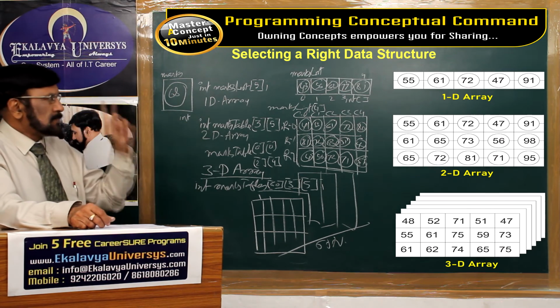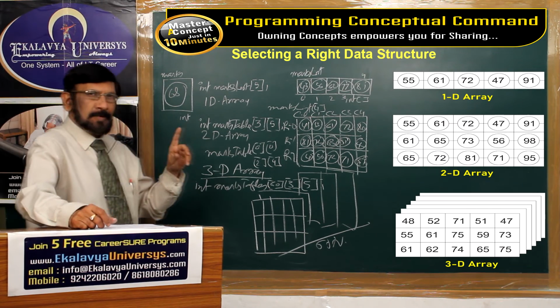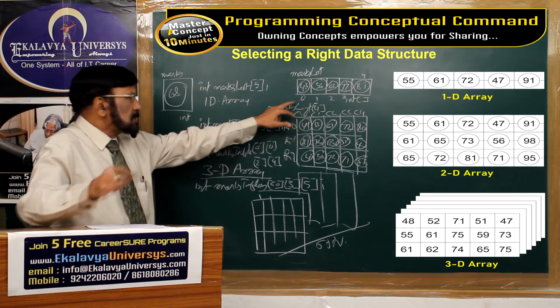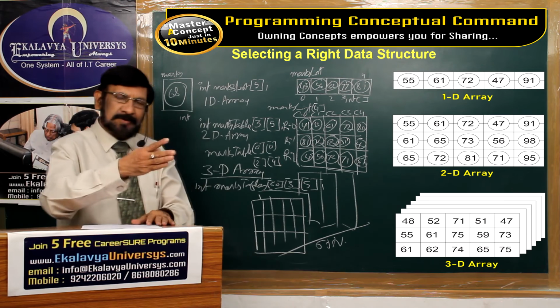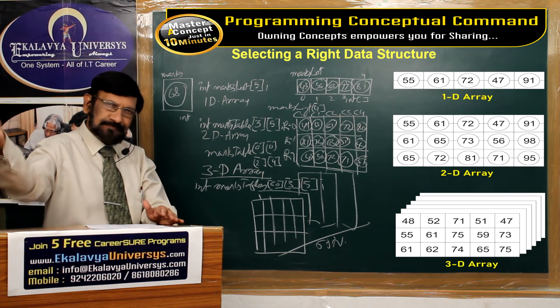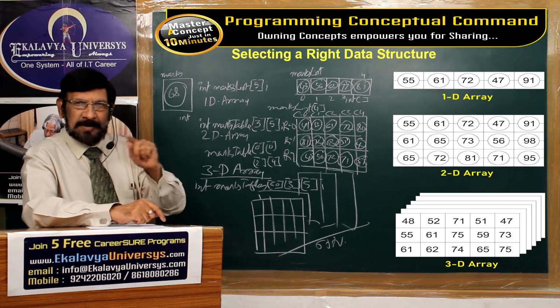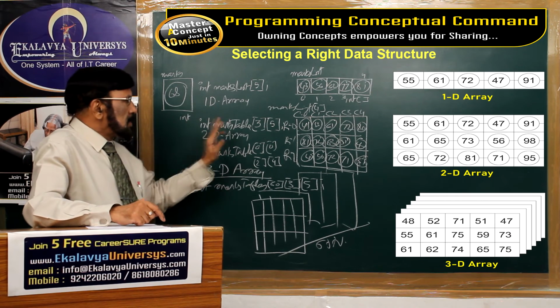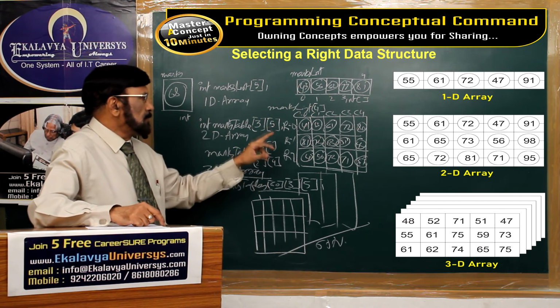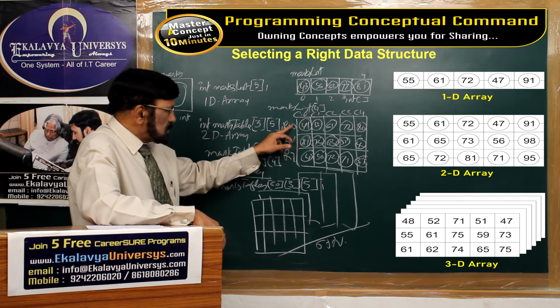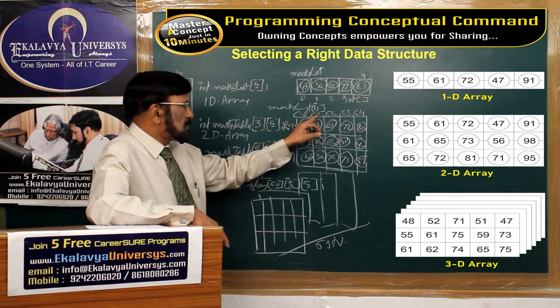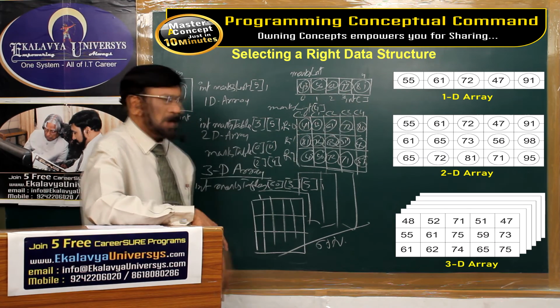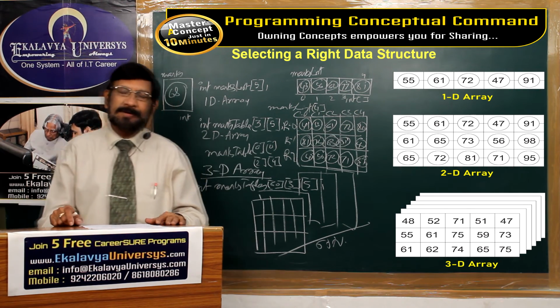But one very important point is, in computers everything is zero-based index: 0, 1, 2, 3, 4, 5. In real life, book page numbers start from 1, classroom numbers start from 1. But here you have to understand it is 0, and even rows and columns: 0th row, first row, second row; 0th column, first column, second column, third column, fourth column.